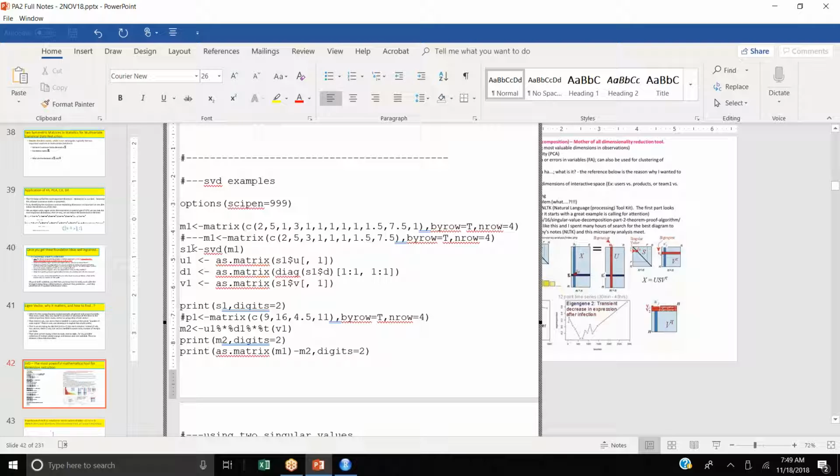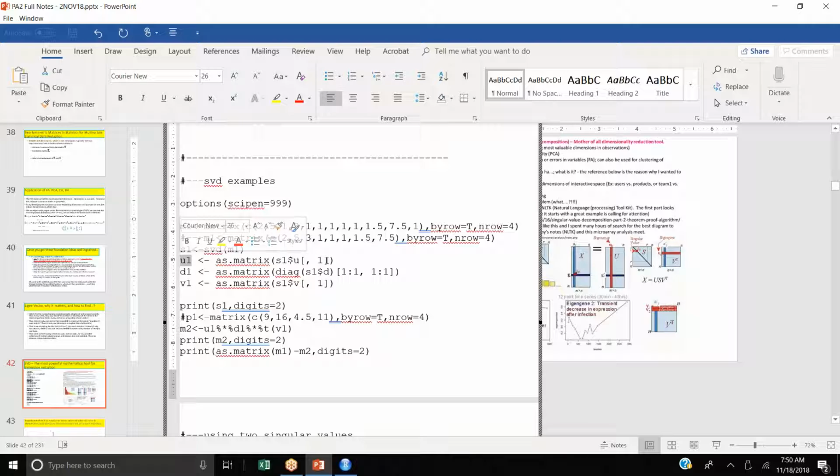Okay, so I got the data. S1 contains all the objects. Out of that, the U is the left multiplying matrix, and V is the right multiplying matrix. Are you with me? So I can pull out the specific vectors for each of the singular dimensions.